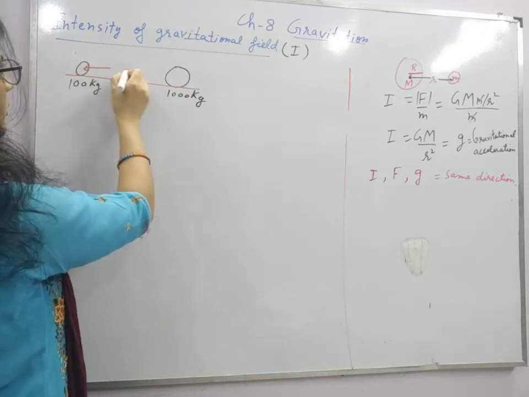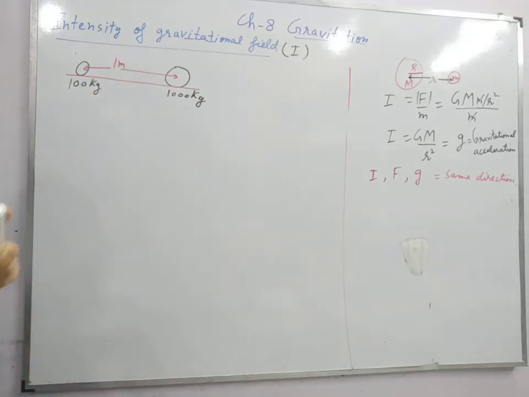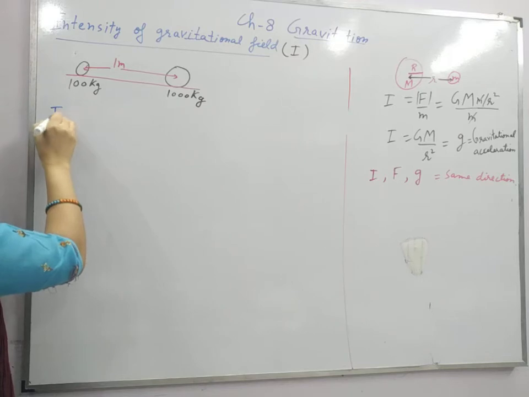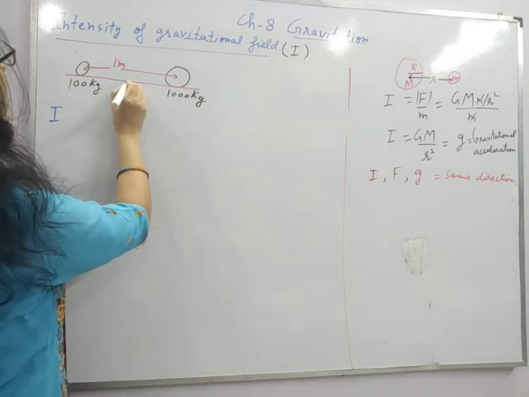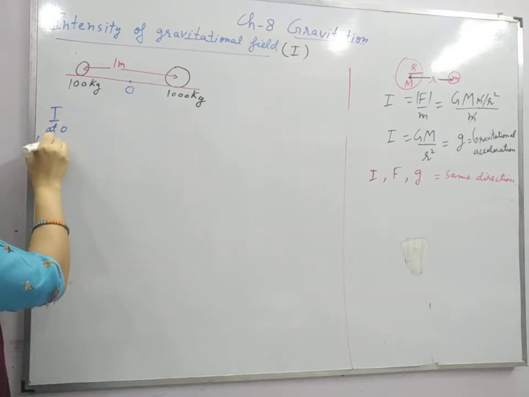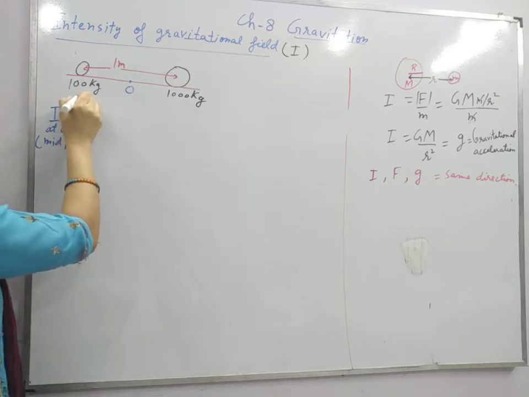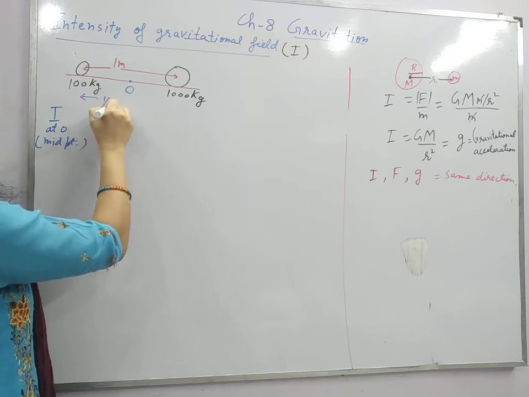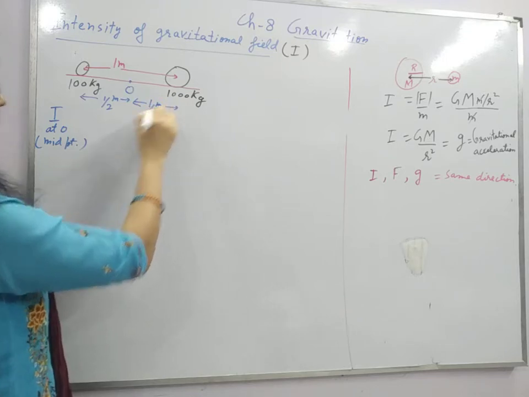The centers of the two bodies are 1 meter apart. Calculate the gravitational field intensity. So that means we have to find the intensity at the middle point of the line joining. That is the midpoint. So this distance will be 1 by 2 meter and this distance will be 1 by 2 meter.